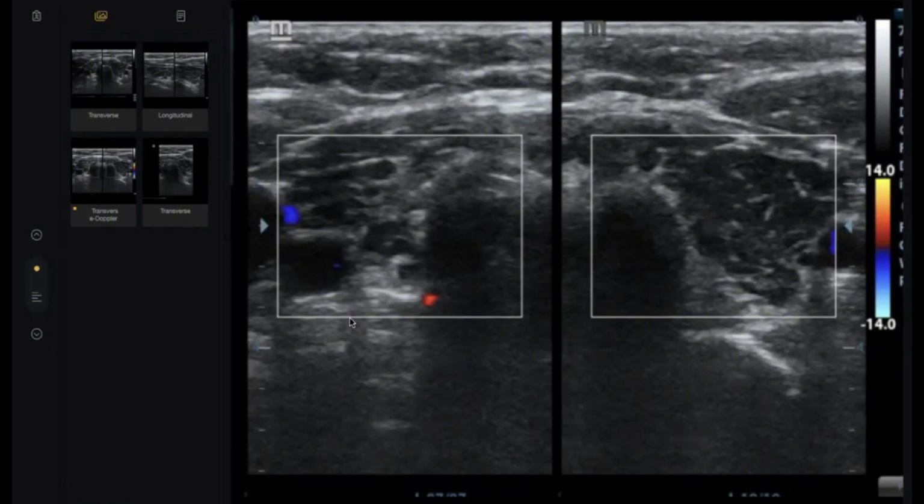Sir, I would correlate my findings with the thyroid hormone profile. If I told you this is a long-standing case, what are you worried about? Sir, I am worried about any other autoimmune disease, and also there is no vascularity.